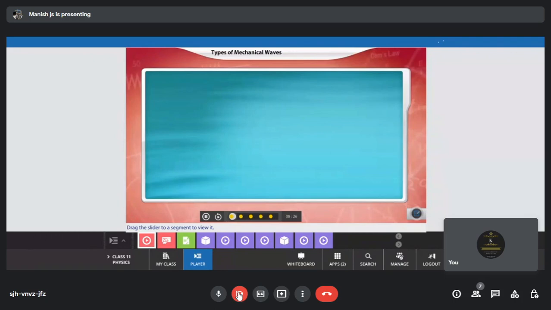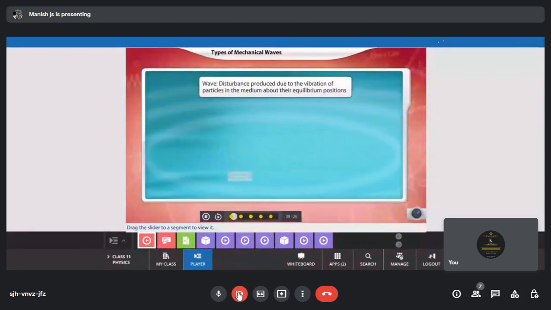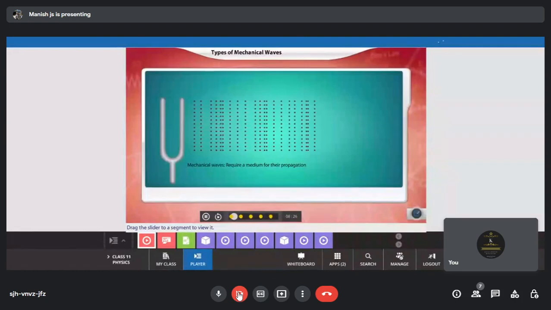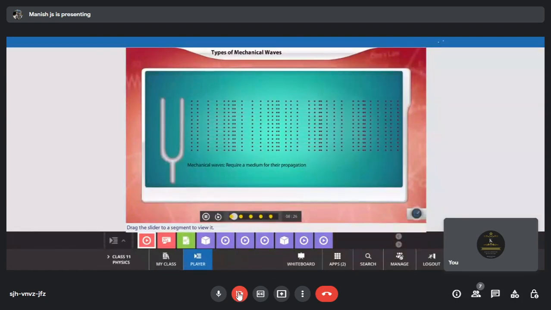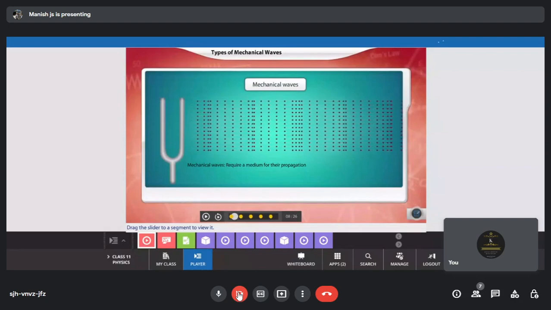A disturbance is created on the water surface which spreads outwards like waves. The disturbance produced due to the vibration of particles in the medium about their equilibrium positions is called a wave.